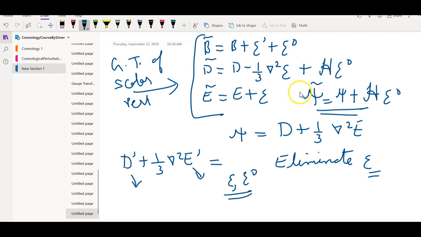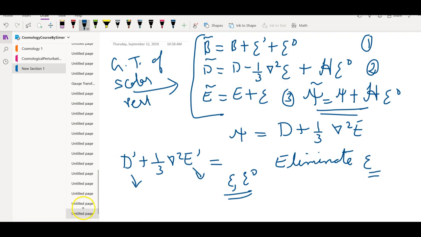Let's say this is 1, this is 2, and this is 3. I can straight away eliminate this xi from here.